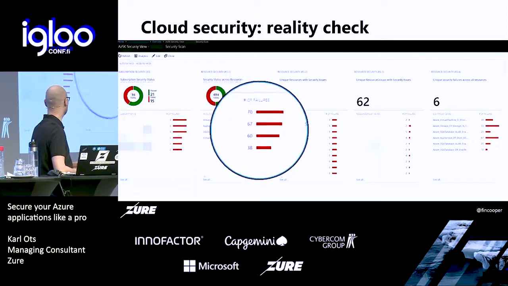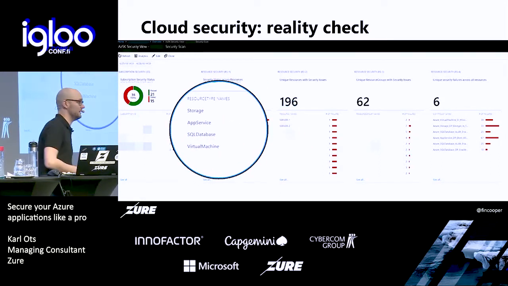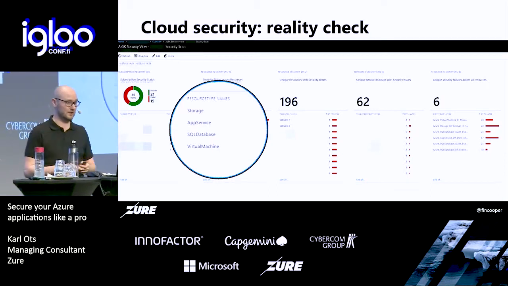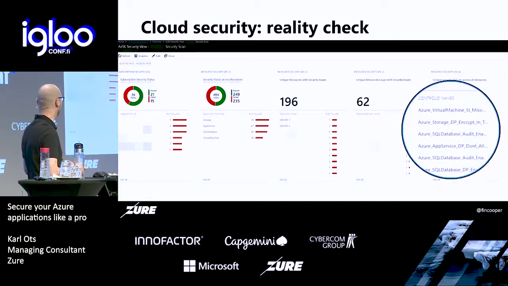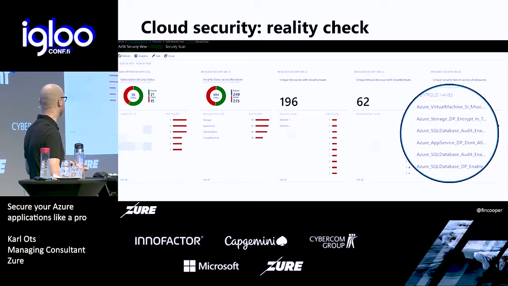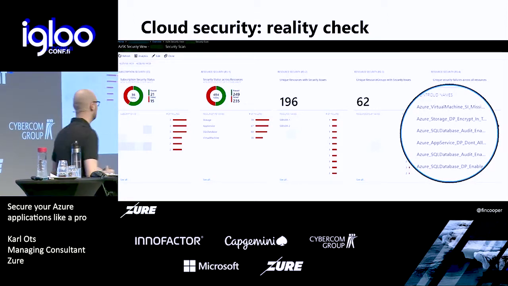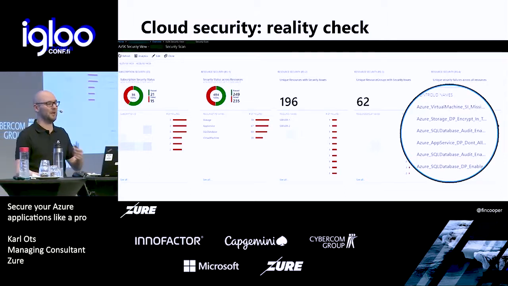As you'll see, there are 70 storage accounts. There's app service, SQL database, virtual machines, stuff like that. And actually, if we start to look at the top failing scan results, or top failing security controls, we start to see the familiar pattern of those very basic things.